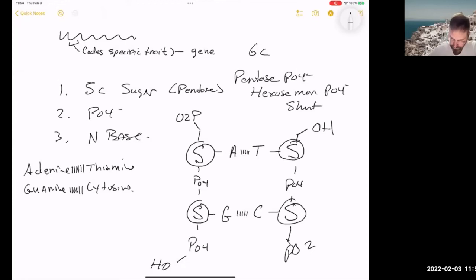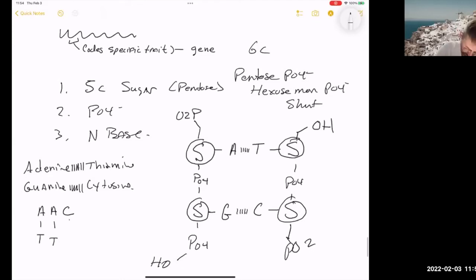So what you can do is you can create a code. So let's say that I have like an A, C. So the complement to that would be T, G, right? And so on and so forth. And it is this code of base pairs that makes the code for traits in proteins, right?